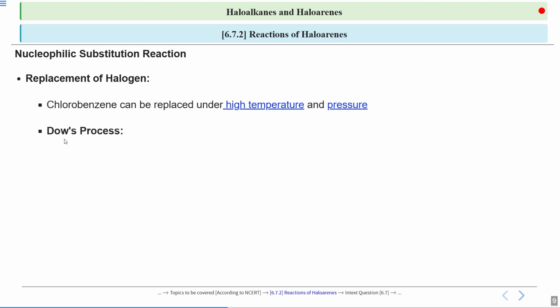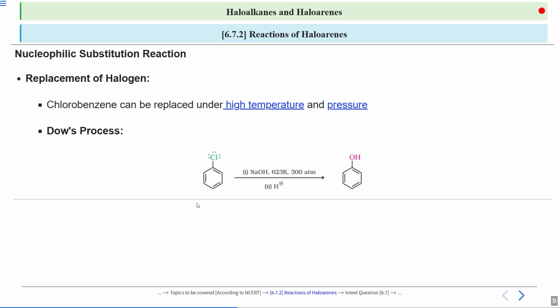So this is known as the Dow process that we are going to see, where you are taking chlorobenzene. You are treating it with sodium hydroxide first, under a very high temperature, 623 Kelvin, and high pressure, that is 300 atmosphere. Also you are treating it with a proton, so that you get your product as phenol.